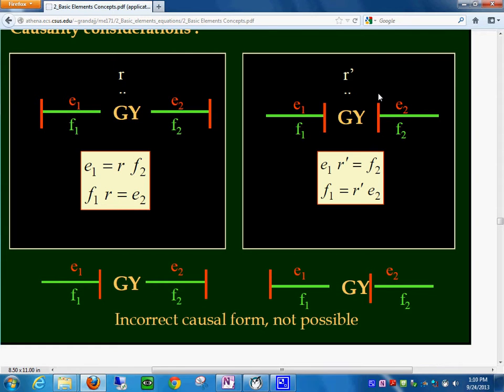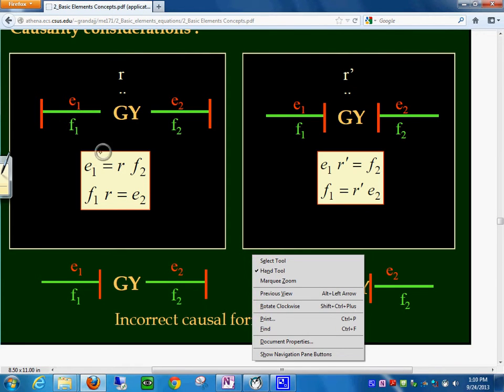Like in this case, you have the flow coming in here into the GY, that's the input on this side, but the output of this side is this. So here you have E1 is equal to R times F2, and then you have F1 times R equals E2.